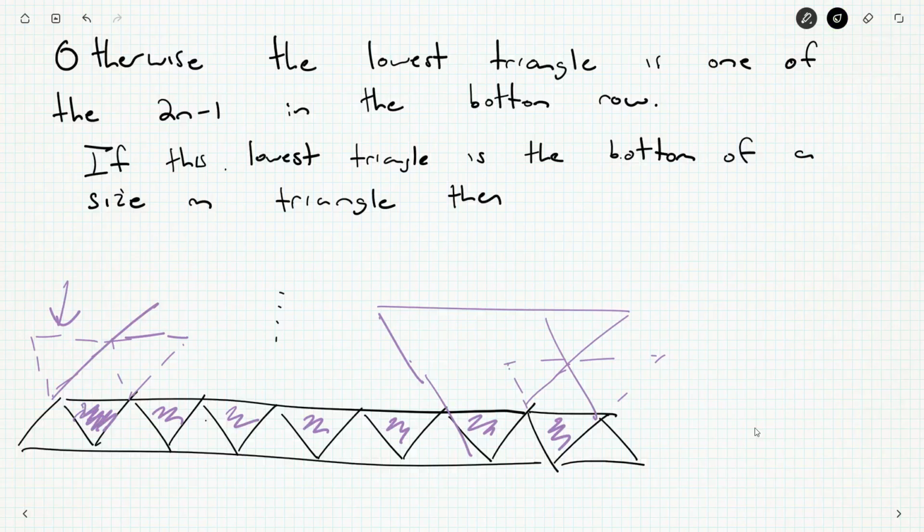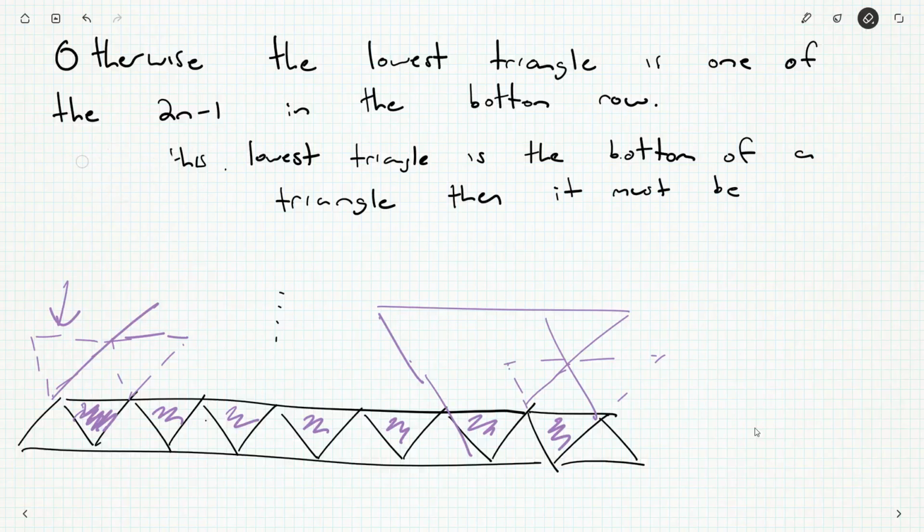Okay, so if this triangle is the bottom of a size M triangle, then I want to say something about how it doesn't go outside or isn't out of bounds or anything like that. Or should I say this another way? I'll say it this way.